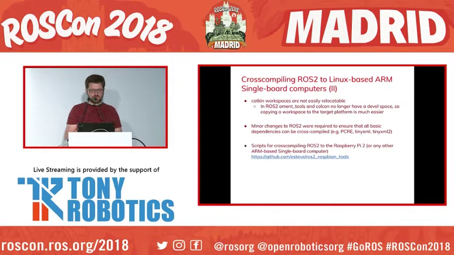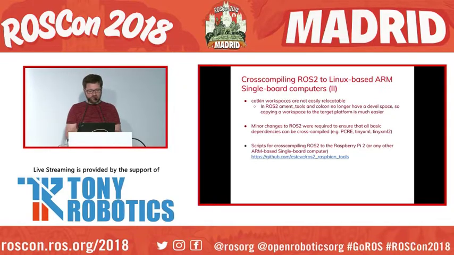There's something that Andrew Symington mentioned yesterday, that cross-compiling ROS1 is not very straightforward. And that changed with ROS2. One of the things that made it possible is the build system. Well, the build tools, actually. There's a distinction between build systems and build tools.